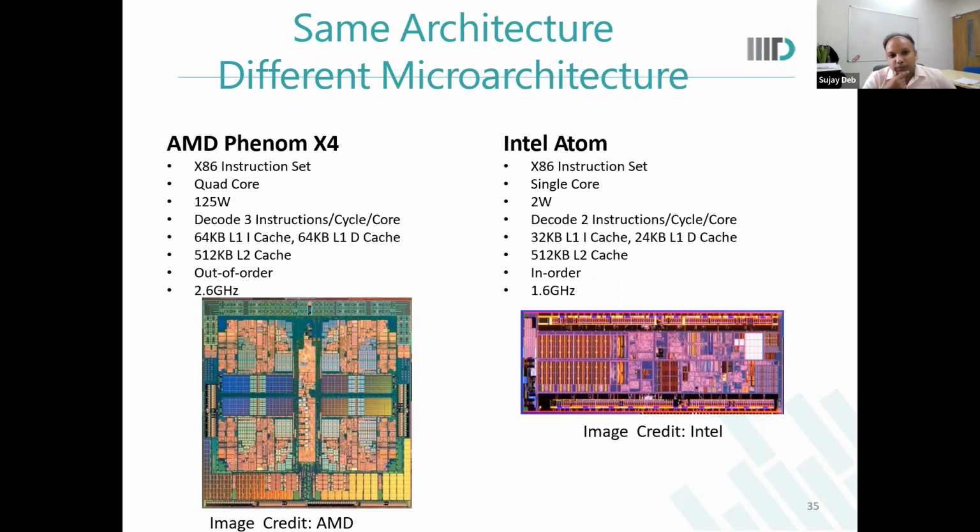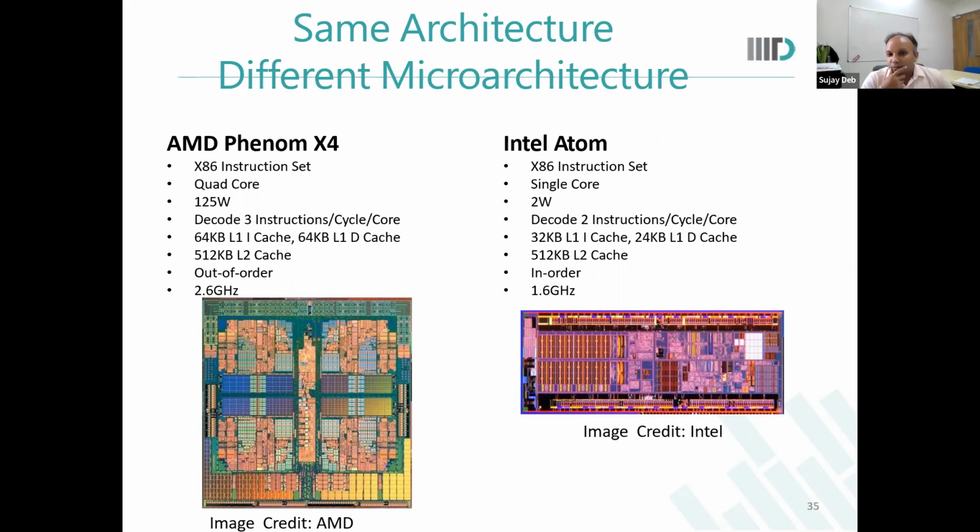AMD's Phenom X4 is an x86 processor, so it follows the x86 ISA. Also Intel Atom, I'm sure many of you are aware that Intel also attempted to go into the handheld market through this Atom processor.